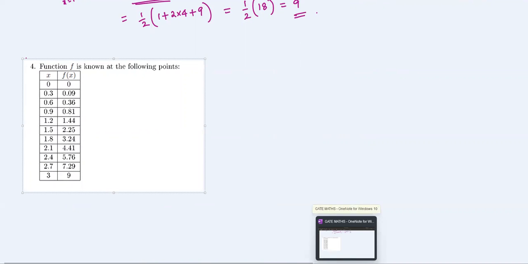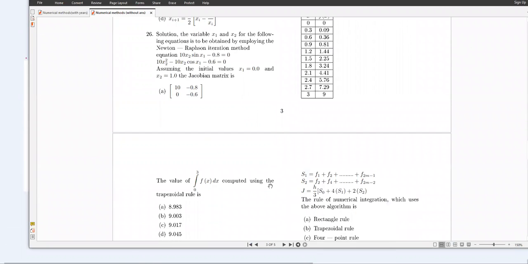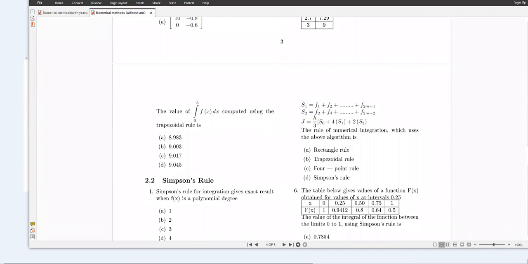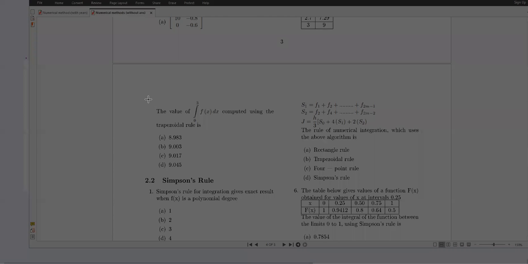The question is the value computed using trapezoidal rule.